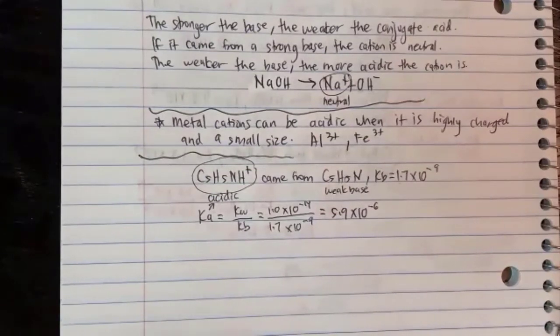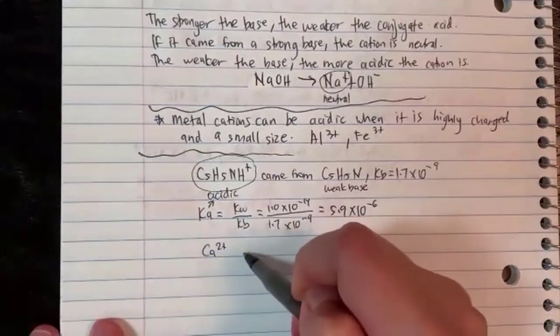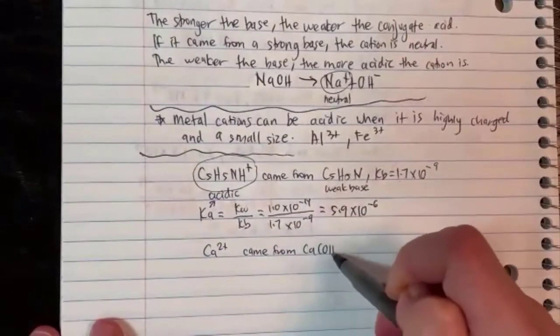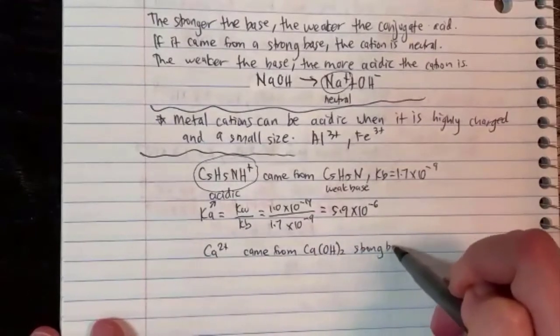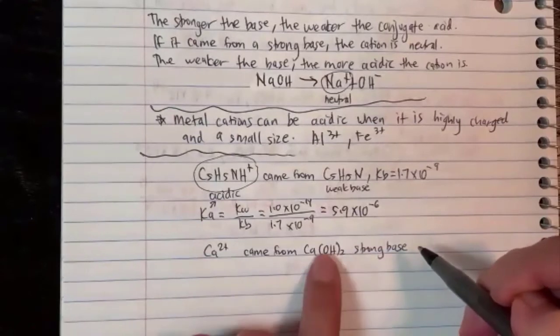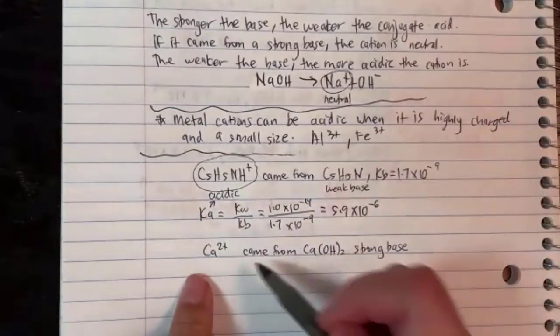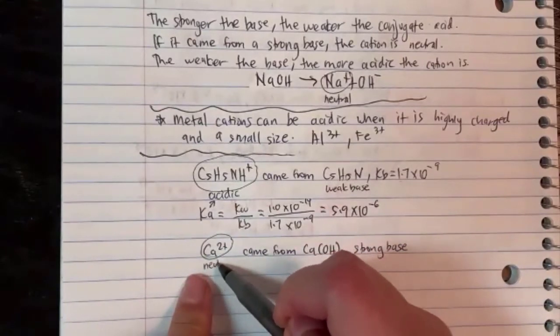Okay, so it's the same stuff. We can practice it. Now, what about calcium 2+? It came from calcium hydroxide, which is a strong base because it's group 2 plus hydroxide, remember? So that one, because it came from a strong base, is neutral.